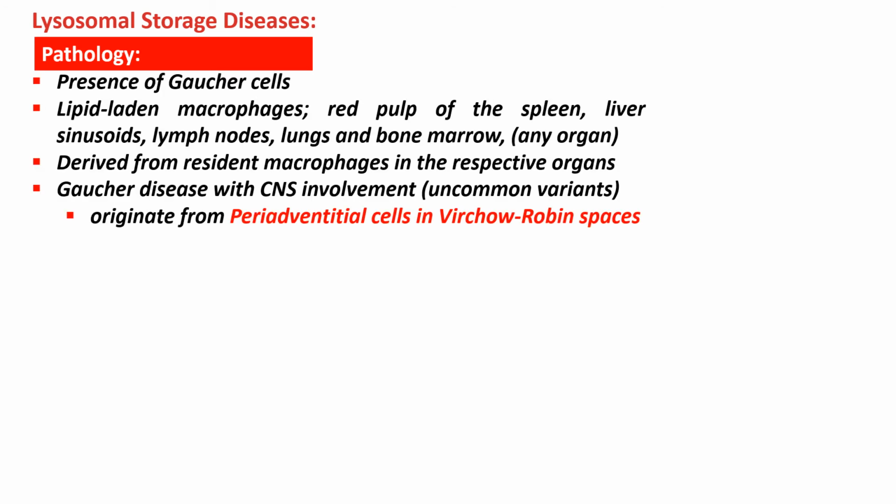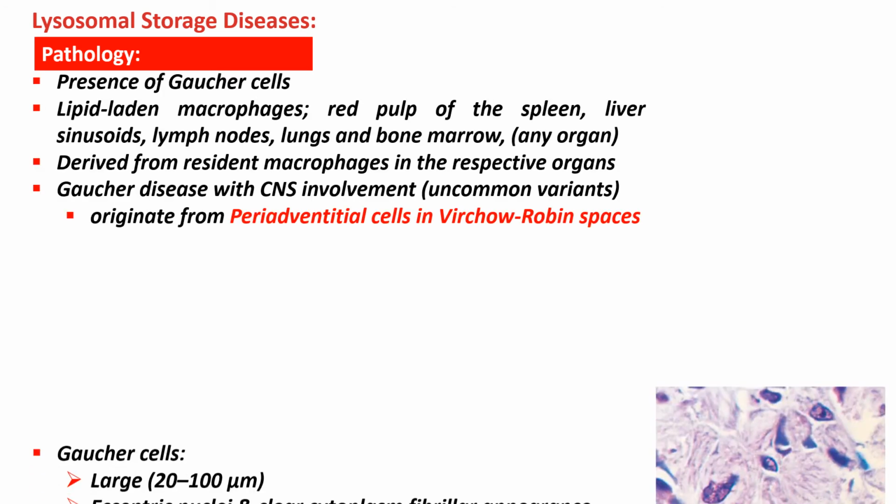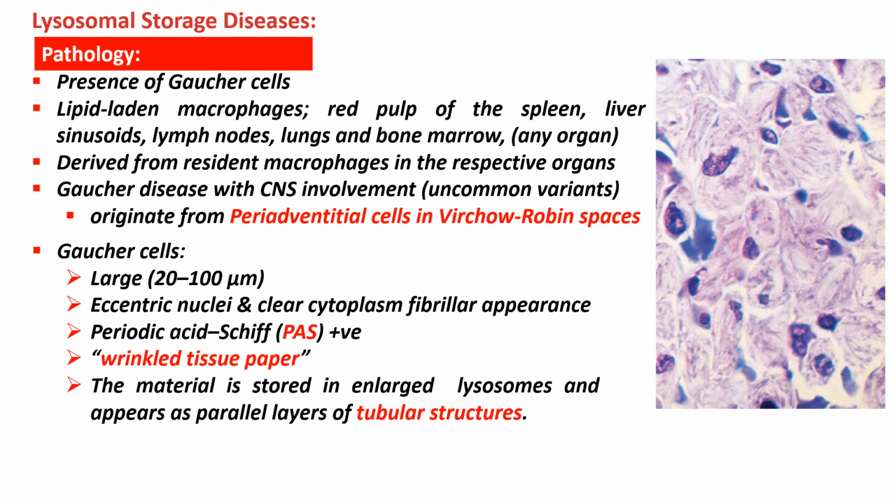The histology of Gaucher disease is characterized by the presence of Gaucher cells that are large cells, about 20 to 100 micron in size, and they have eccentric nuclei and clear cytoplasm, and this cytoplasm has PAS positive material that shows a characteristic wrinkled tissue paper appearance.